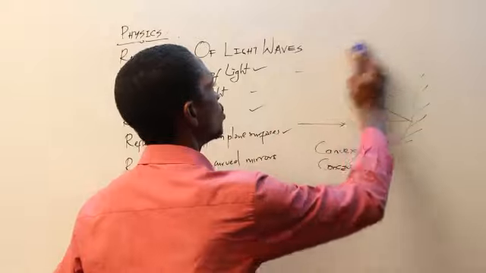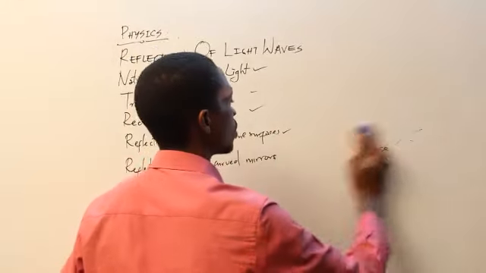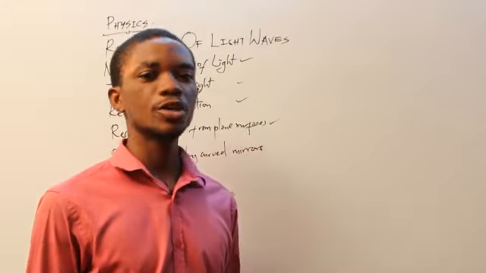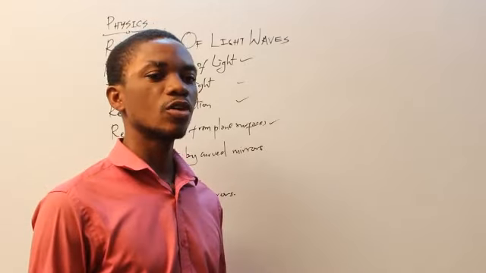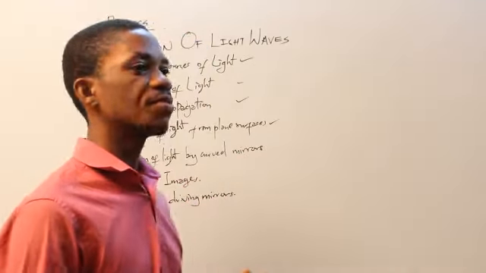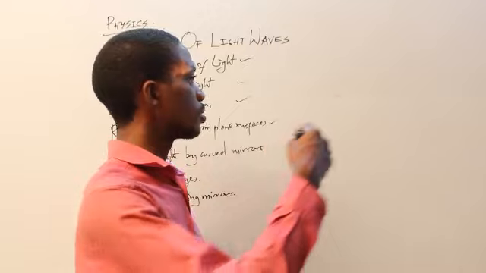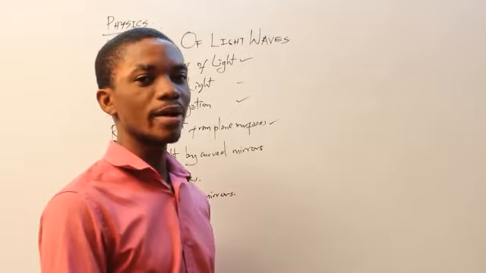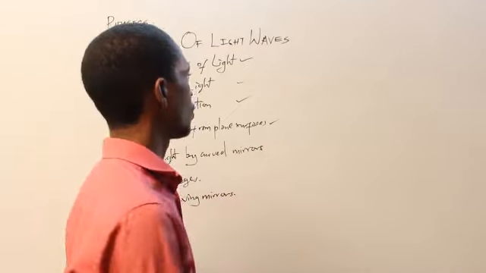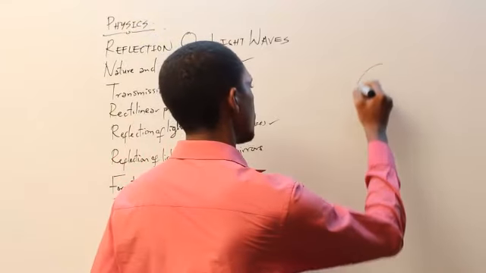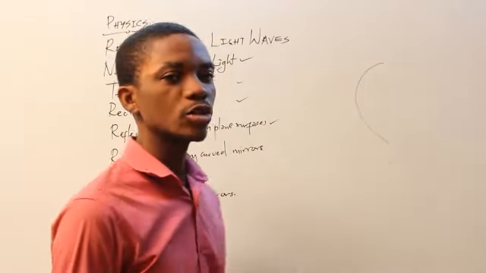Now, what do we mean when we say radius of curvature? The radius of curvature is the radius of the sphere from which the mirror is being cut out. That is, the sphere that we're about to turn into a mirror.